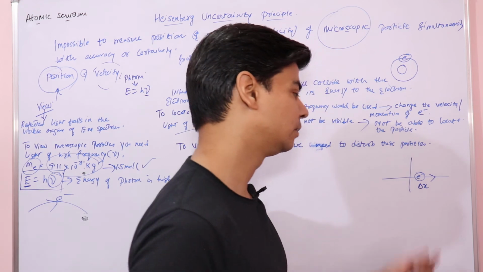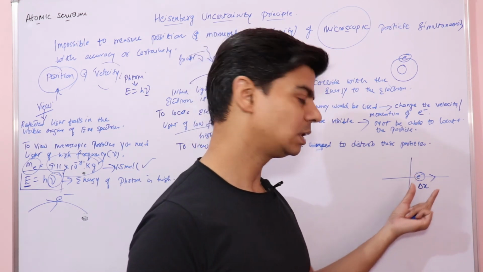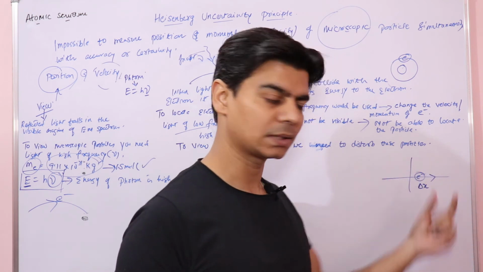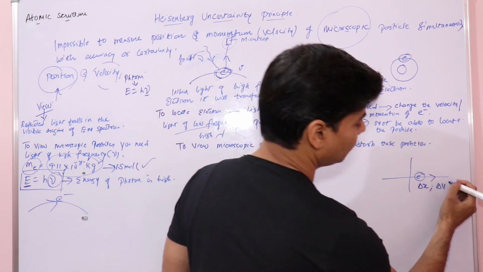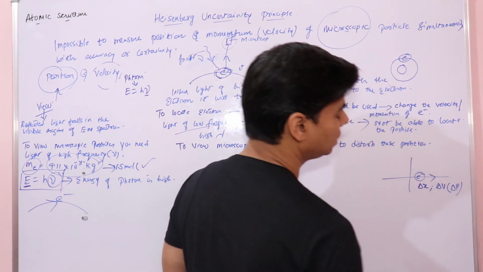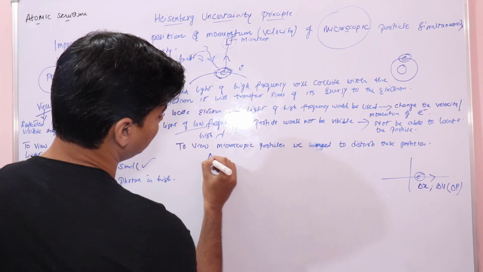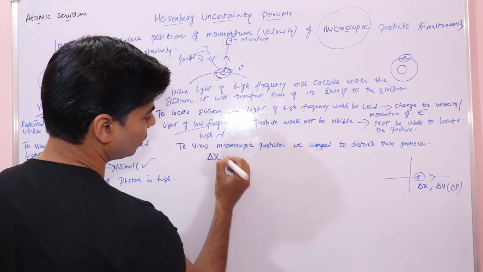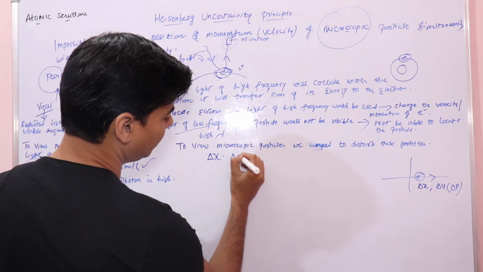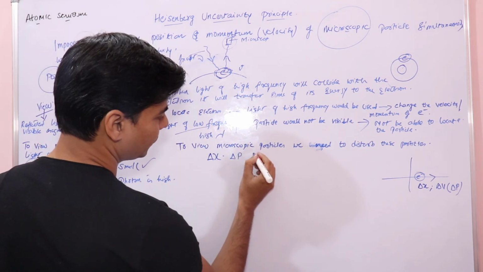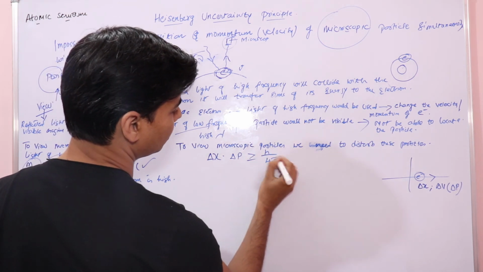Then its uncertainty in momentum, delta p, would also be measured along the same axis. The mathematical expression is: the product of uncertainty in position and uncertainty in momentum is greater than or equal to h upon 4 pi.